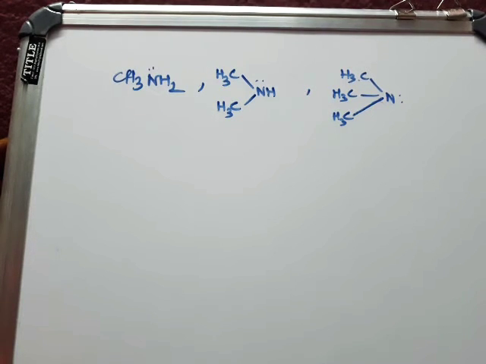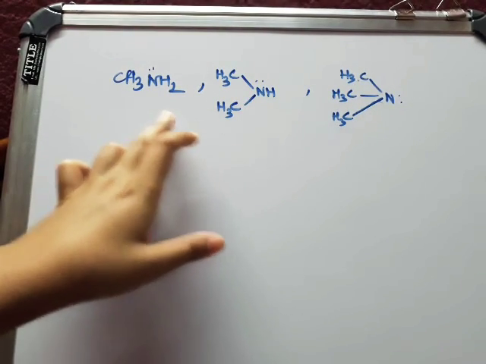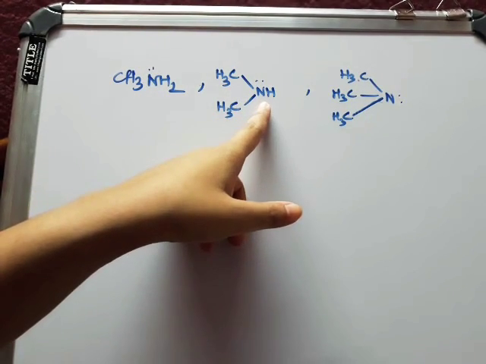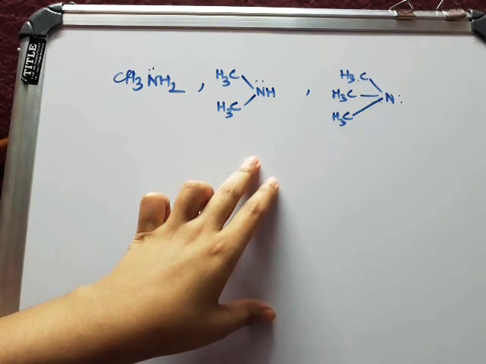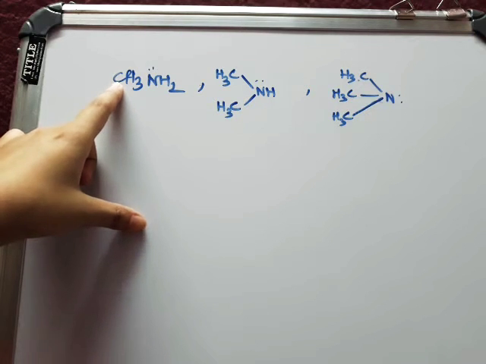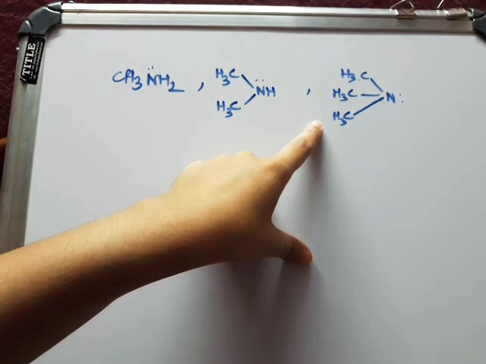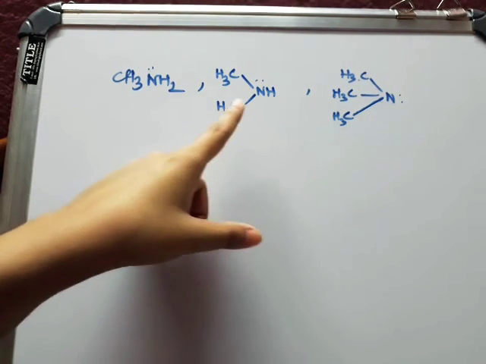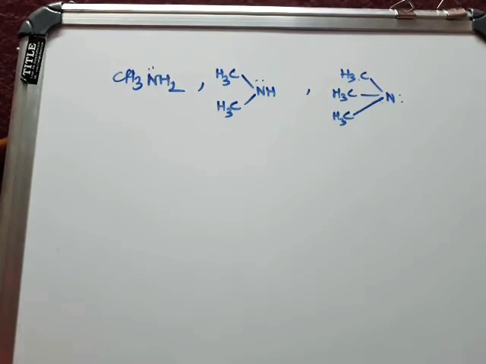Okay. So if anything is present in these molecules which is increasing the electron density on nitrogen atom, that will behave as a good base. So here one methyl group, here 2 methyl groups and here 3 methyl groups are there. Okay. So with the increase in number of plus I groups, the electron density on the nitrogen atom will increase and they will behave as a good base.